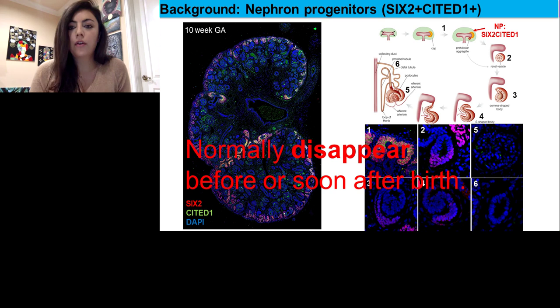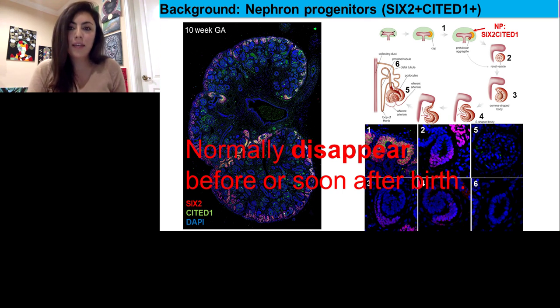Over time, initially around the cap mesenchyme, they have strong expression of SIX2 and CITED1, but once they make the developing structures such as the renal vesicle, comma-shaped and S-shaped body, they begin to lose the expression of CITED1 and SIX2, and once they make the full mature nephron, they do not have the expression of these markers. So in normal development, nephron progenitors should disappear before or soon after birth.